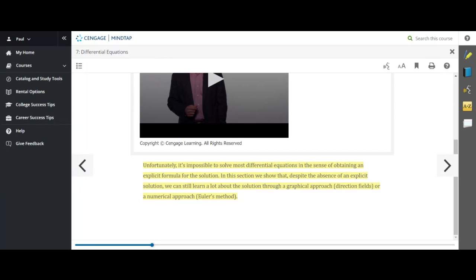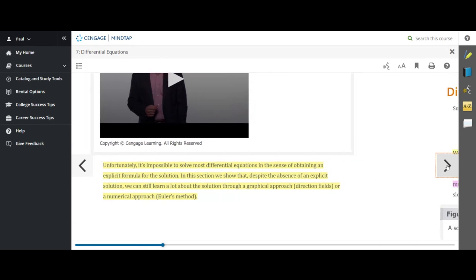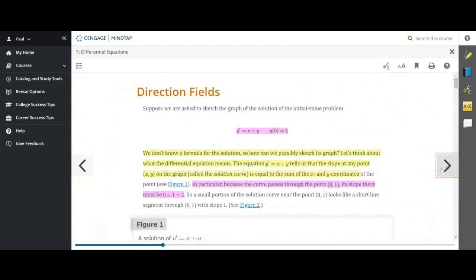Okay, so let's go ahead here to the example that they work with, because it's a pretty good example. And okay, so I have some things highlighted here.